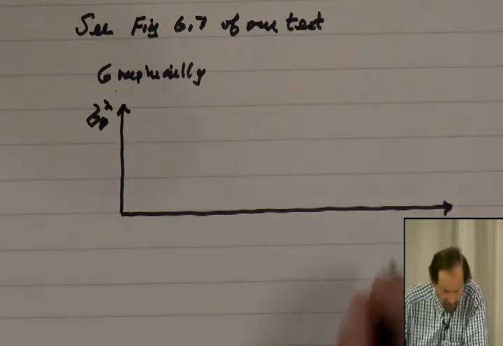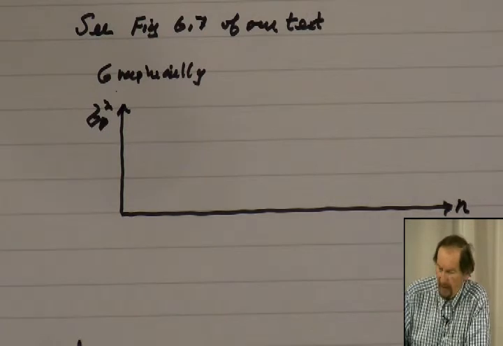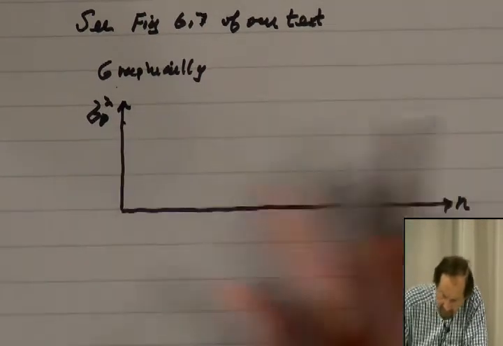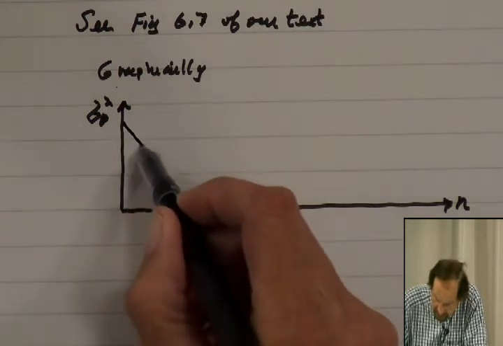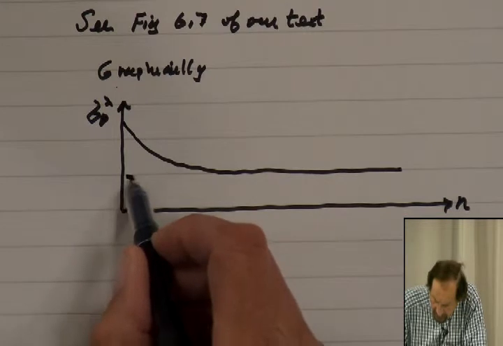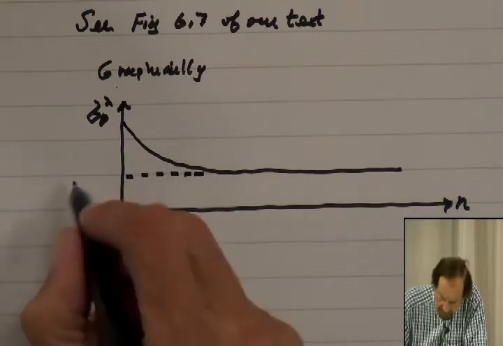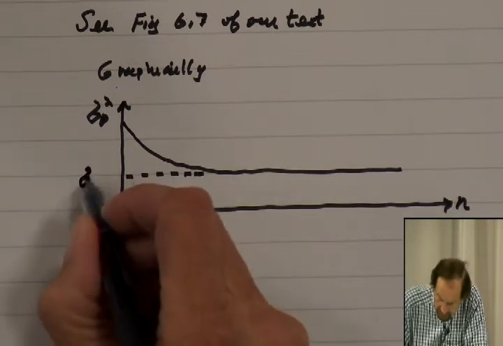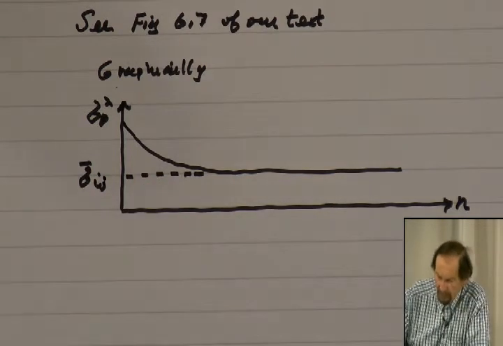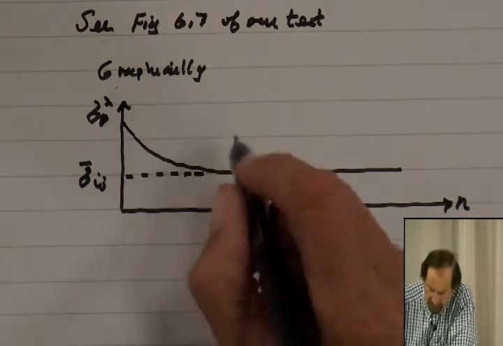And on the horizontal scale, let's put N, the number of assets in our portfolio. And what happens here is we get something that looks like this. And this is our average sigma bar ij. That's our average covariance. So we can only reduce risk to the average covariance.